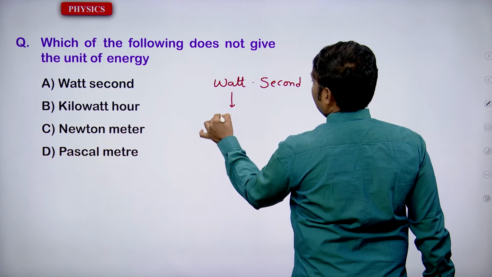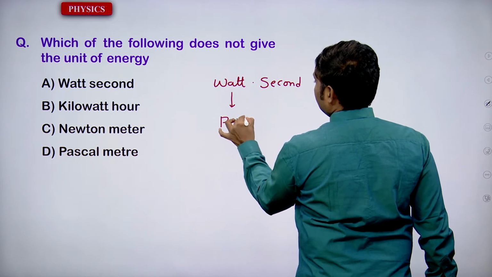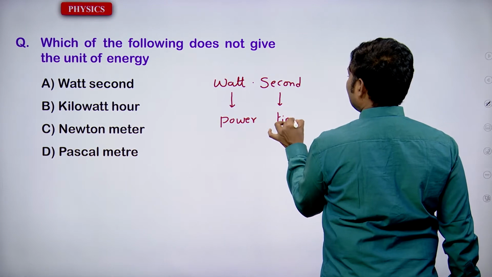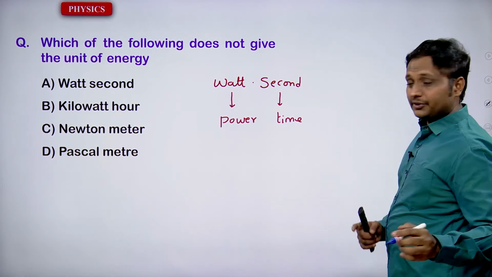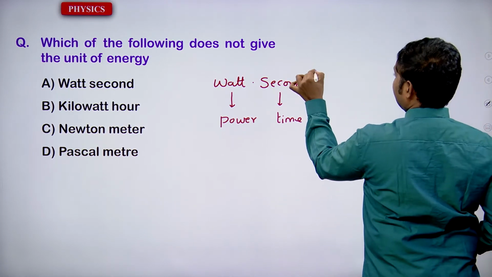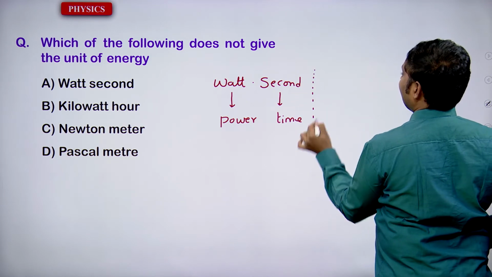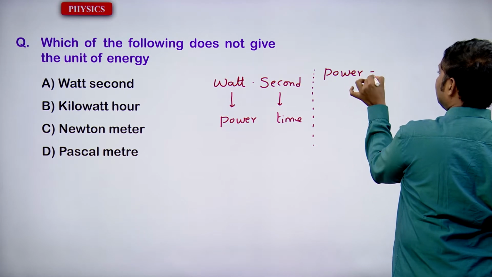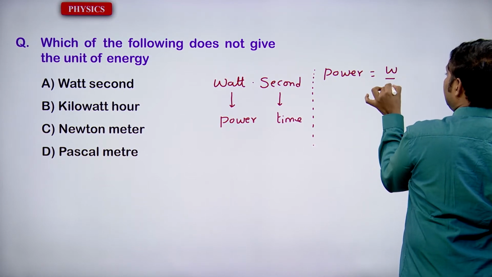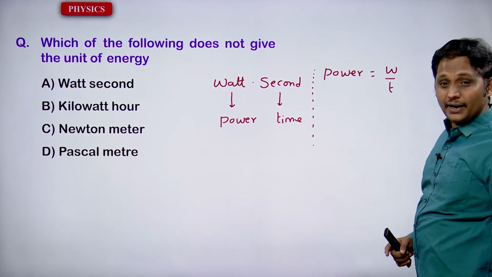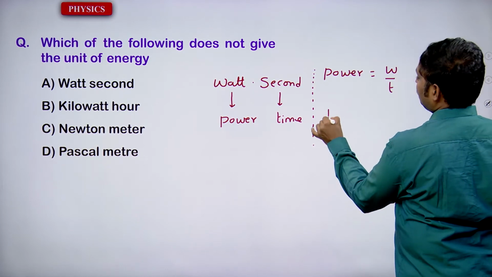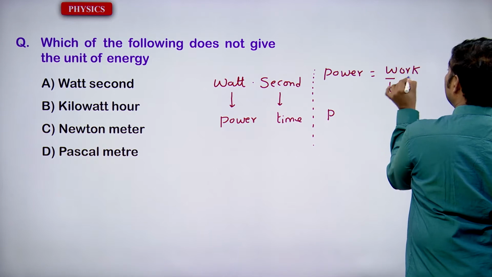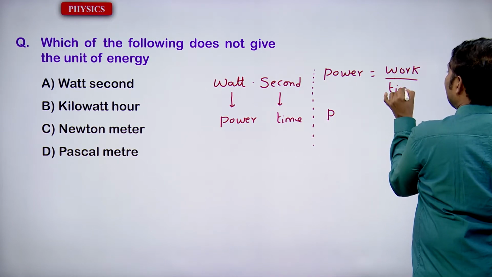Generally for power, it is going to be for time. We have discussed that power is equal to the rate of doing work, that is W by T, all right. So it is going to be work by time, just write it, it is very clear.